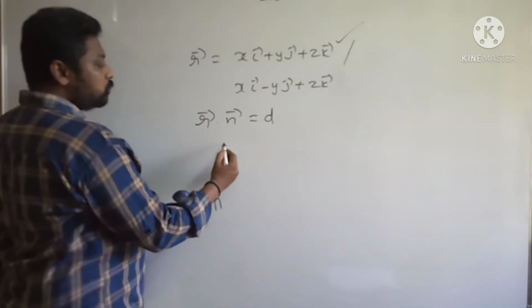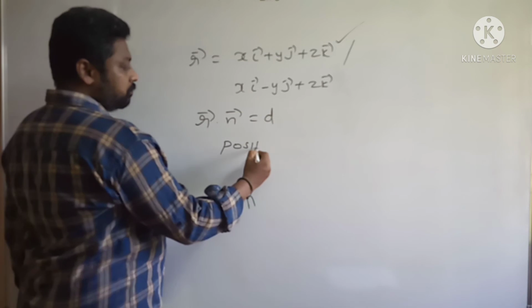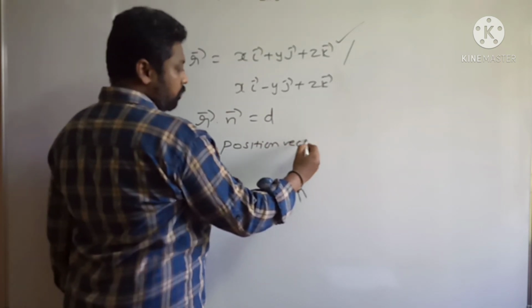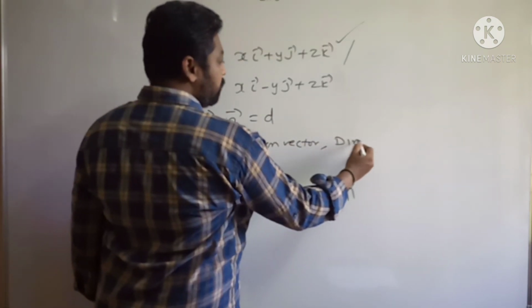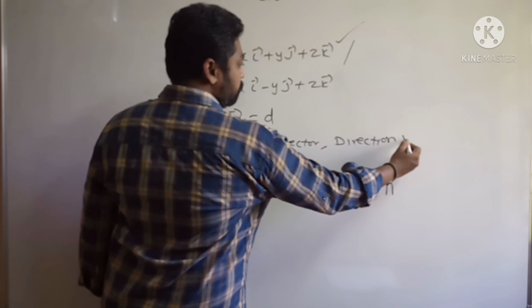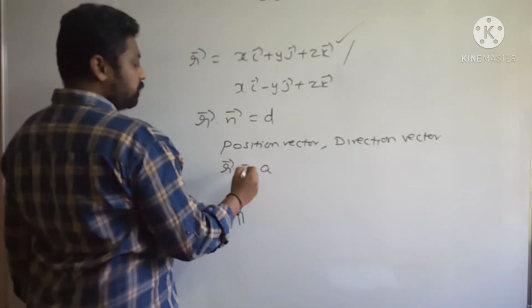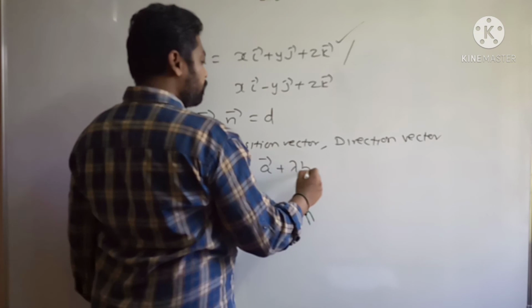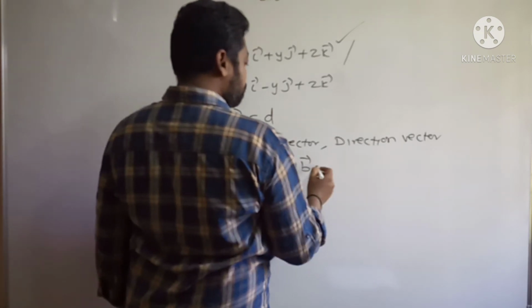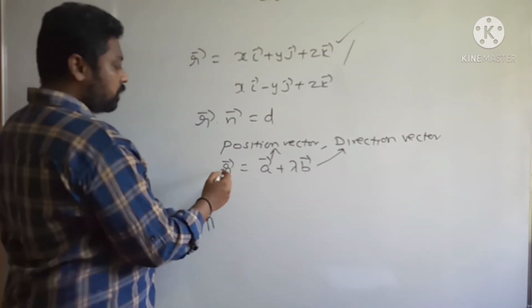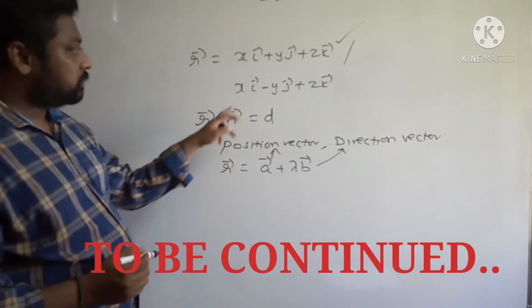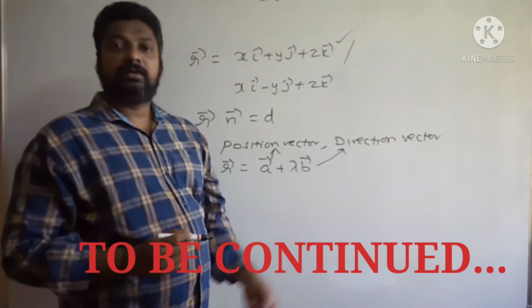If the position vector is given and the direction vector is given, then r vector is a vector plus lambda b vector. This is the position vector, this is the direction vector. So now we have to use r as xi minus yj plus zk.